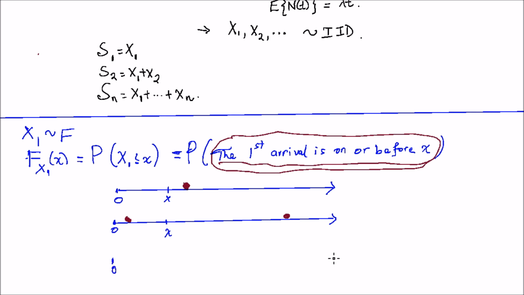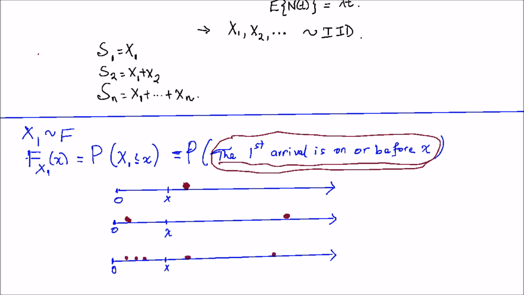Okay, let's look at one more situation where we have more than one arrival before time x. So 2 arrivals, or maybe even 3 arrivals before time x, and there could be further arrivals after time x.